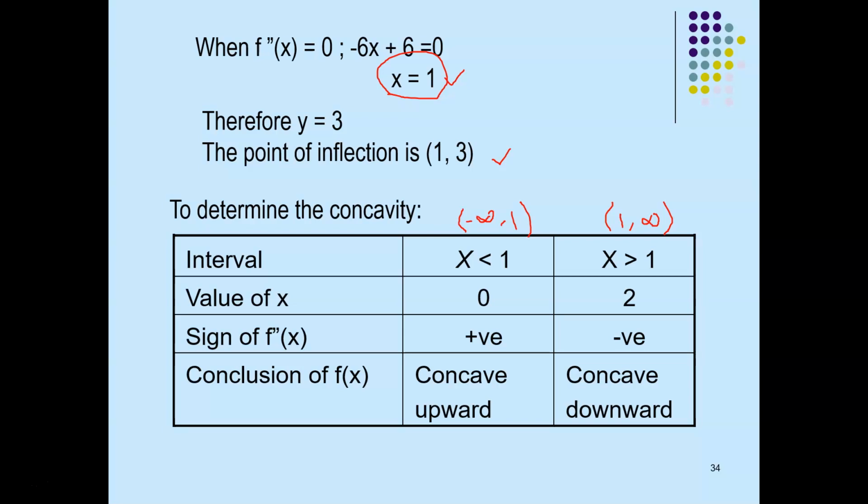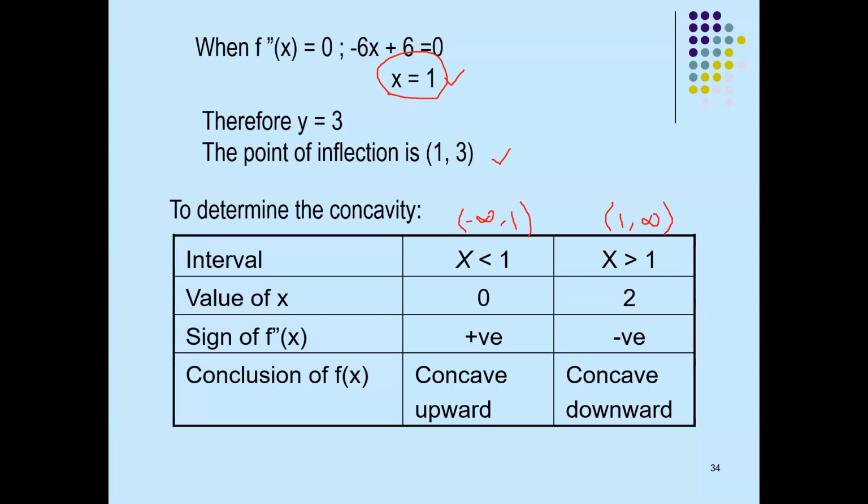test kan, you cari critical values, which means that the f prime x equal to 0, then you obtain your critical values. After that, you create your interval, cari any value x, substitute dalam f prime x. Okay, that one is critical value, maximum minimum point. But for inflection point, it's quite different.